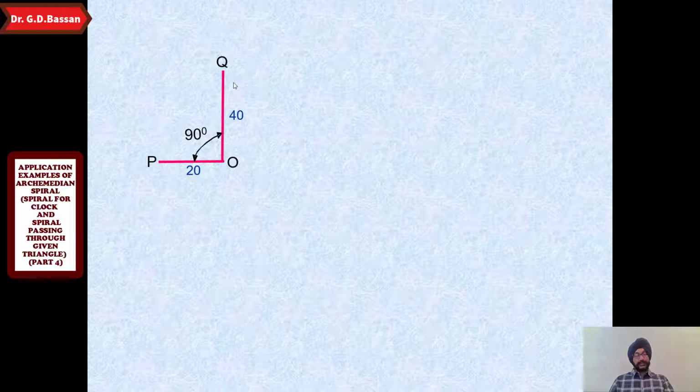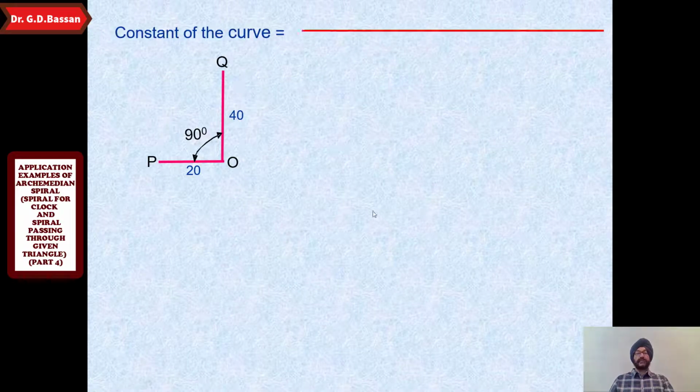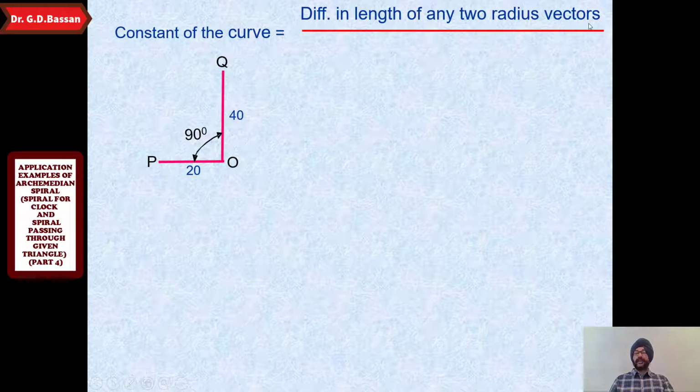And the third step is, from the final linear motion of the link, to find the final radius vector. The constant of the curve is nothing but the difference in length of any two radius vectors divided by the angle between them in radians.